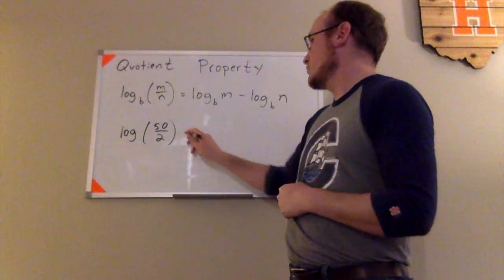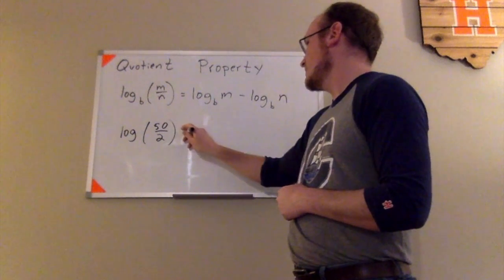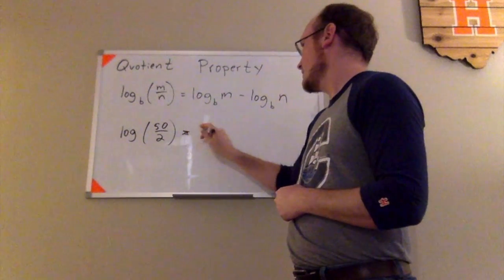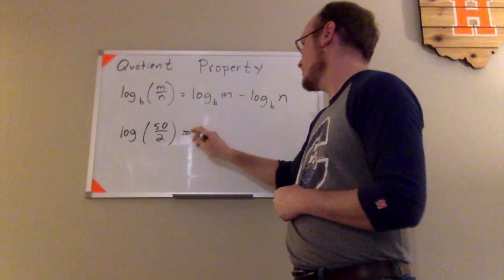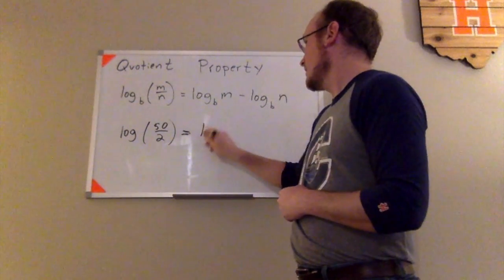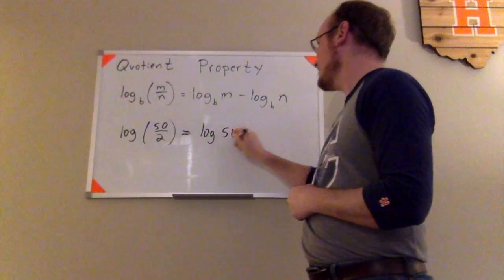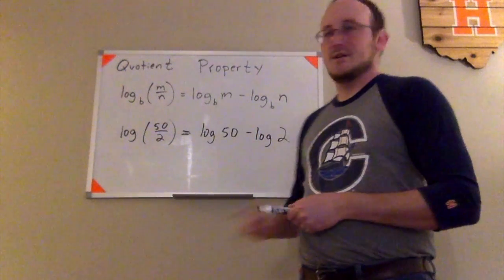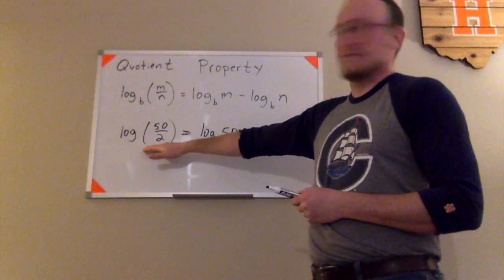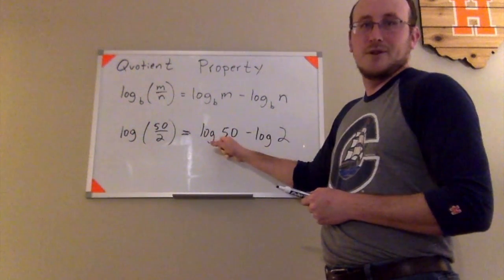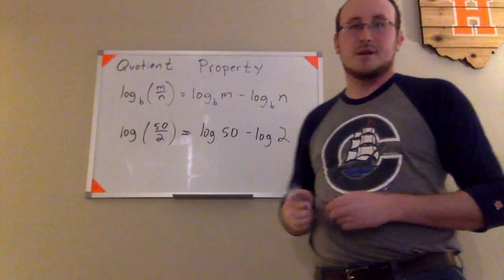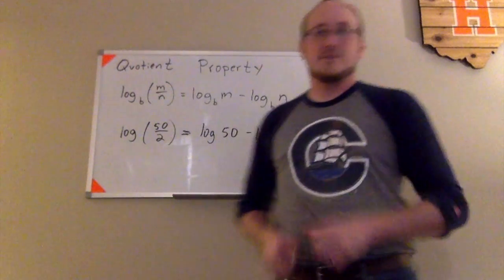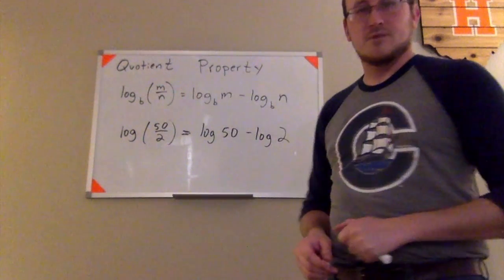But according to this rule, this should be equal to, it's an equal sign, I promise, log of 50 minus log of 2. Again, this logarithm of this quotient is equal to the logarithm of the numerator minus the logarithm of the denominator. Now let's go to the calculator and verify this for you before we proceed.